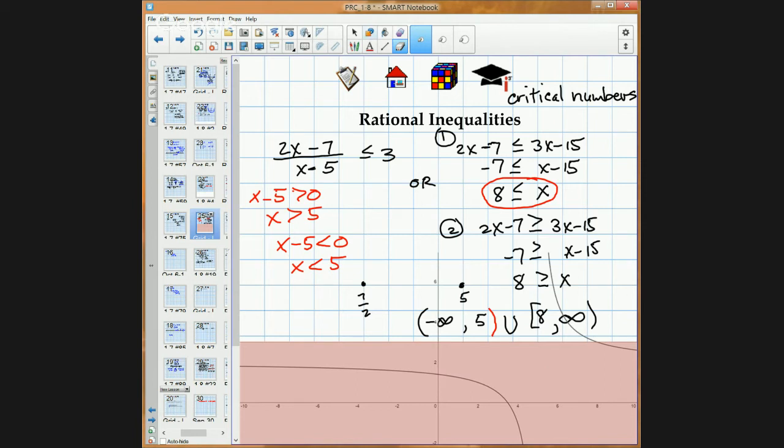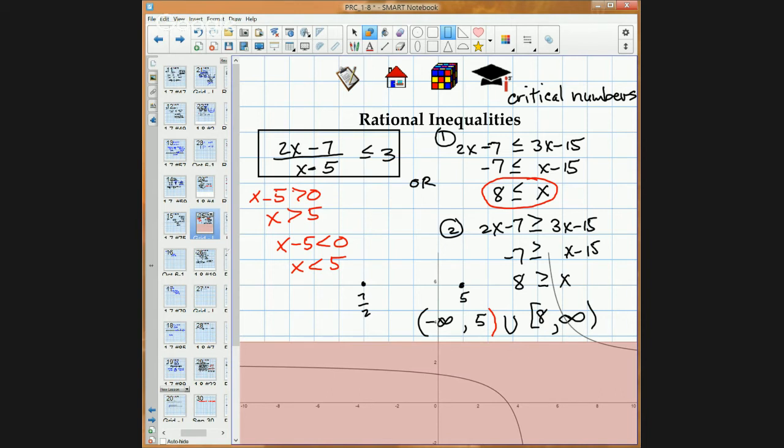Well, let me get a rectangle here. That's the problem in the box. And we call that a rational inequality because it's a ratio. It's an algebraic fraction. And it's an inequality because we don't just have a plain equal sign.